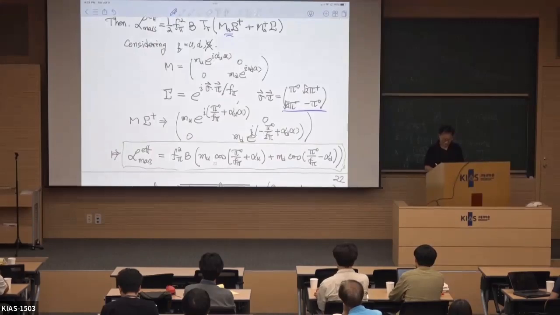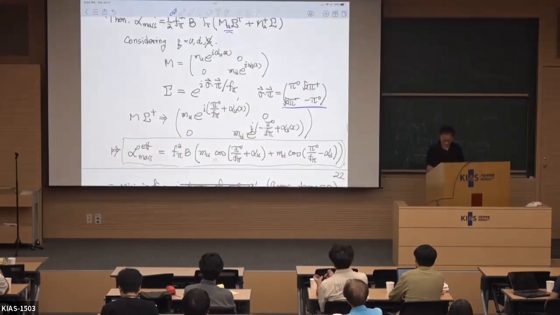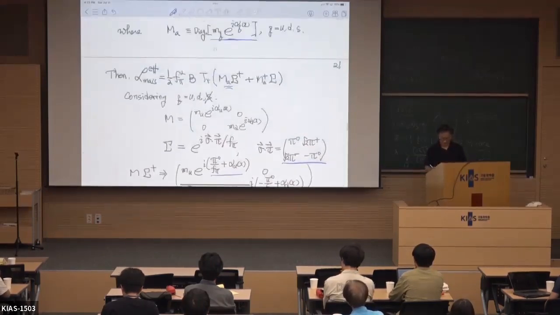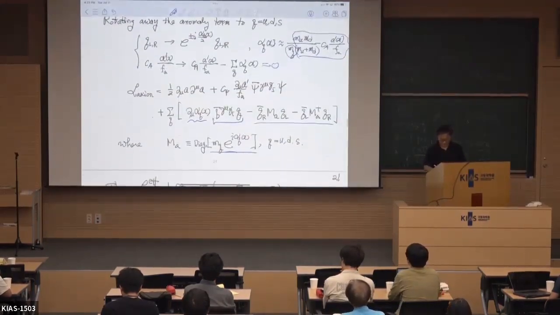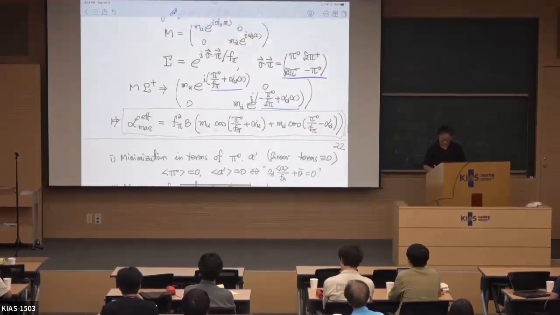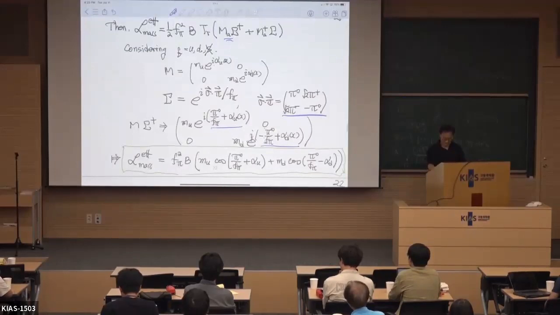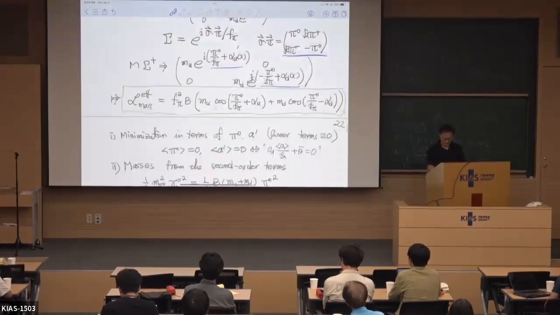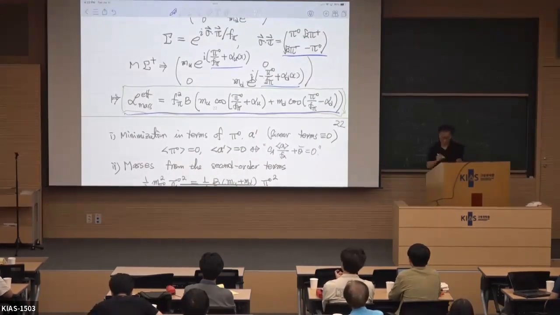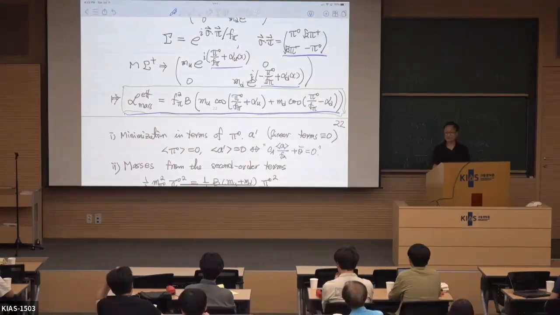Now you calculate this. So m sigma dagger should have this expression. So alpha_u, alpha_d we determined like this. And then from this you get this kind of expression. And this was the origin of calculating the pion mass, right?